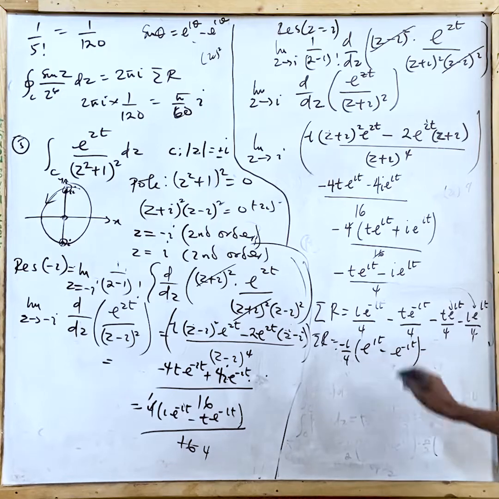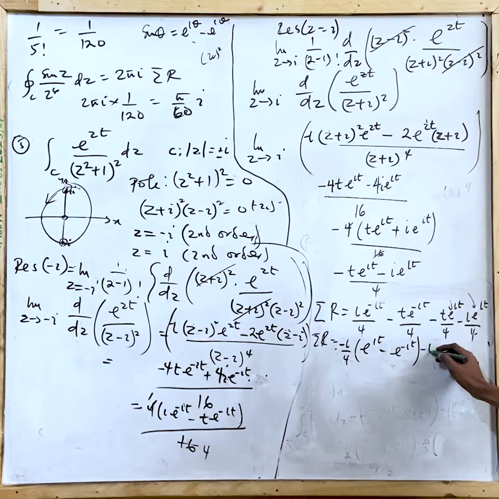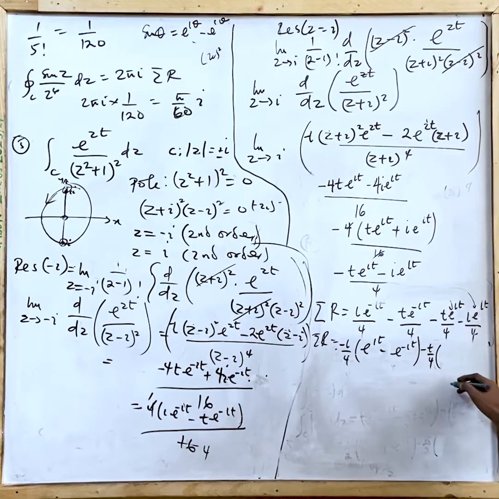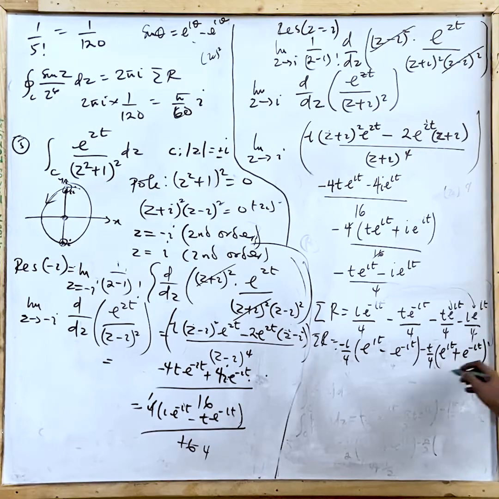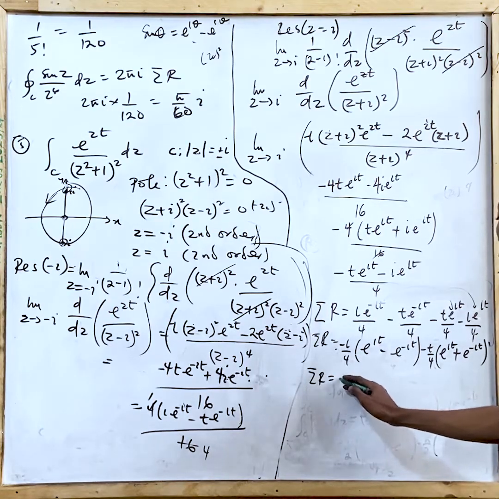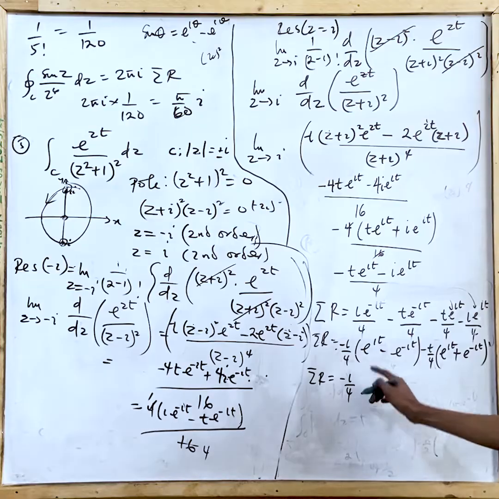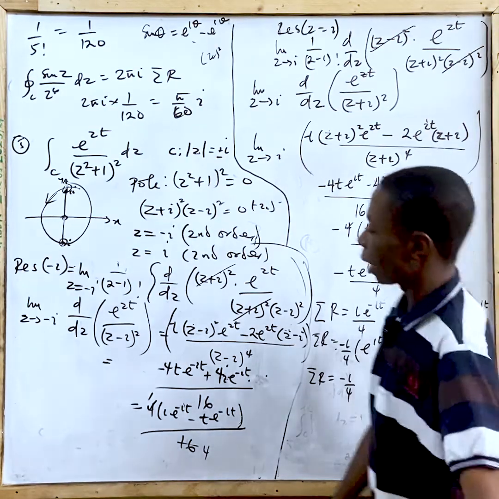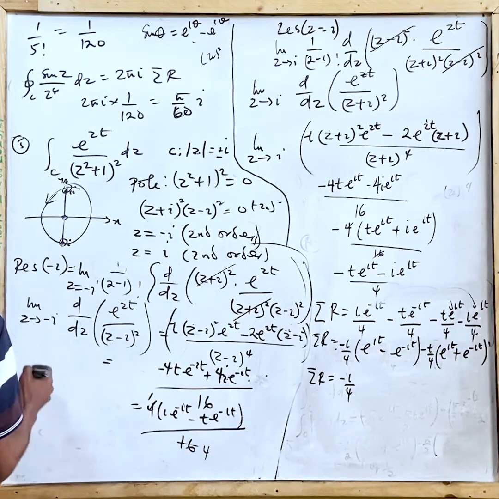Good. Then if I separate the one with t over 4, minus t over 4 into brackets e raised power it plus e raised power minus it, right? So the sum of the residue is equal to minus I over 4. What is e raised power it minus e raised power minus it? Go back to our Euler identity.